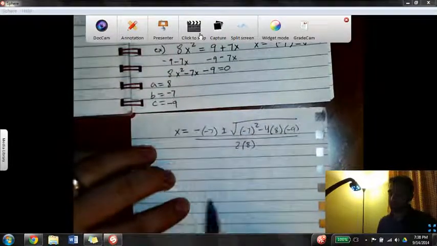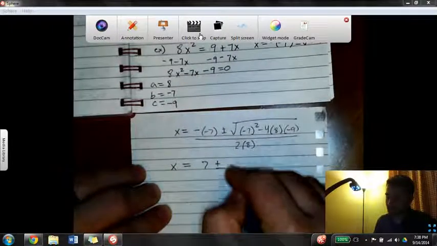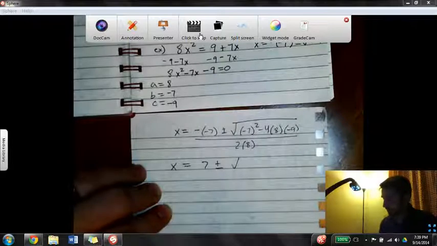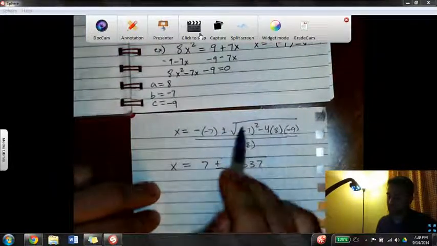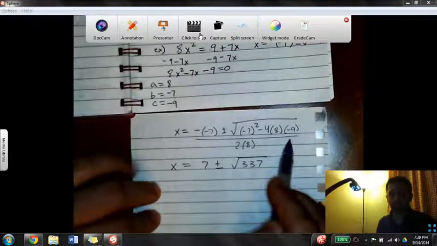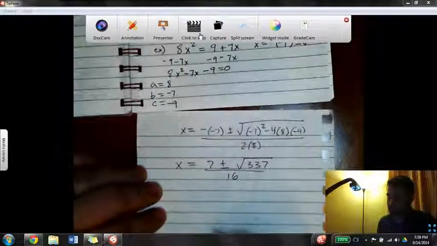When I reduce or simplify this, I have 7 plus or minus the square root of 337, which I got from simplifying what's under my radical, divided by 16.